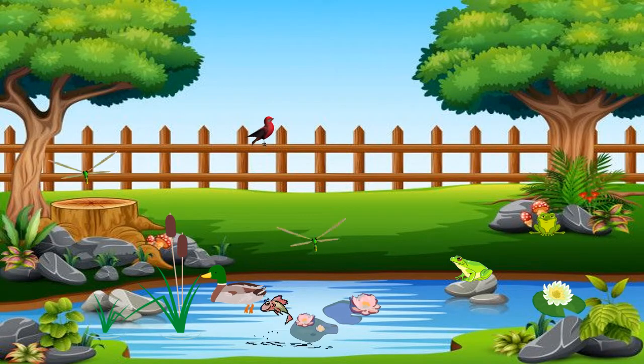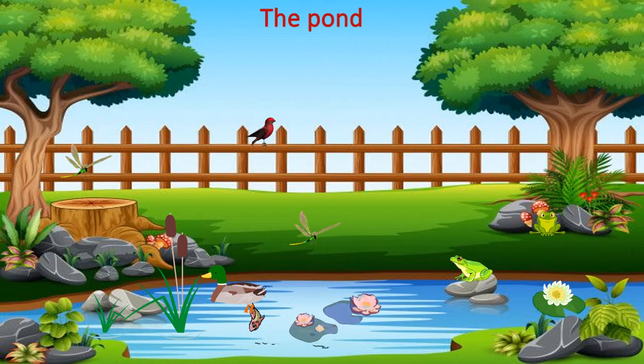What is this place? Do you remember this habitat? Fantastic job! This habitat is called the pond. The pond is a small area of fresh water where we can see different kinds of animals that can live there, such as ducks, fish, frogs, and dragonflies.